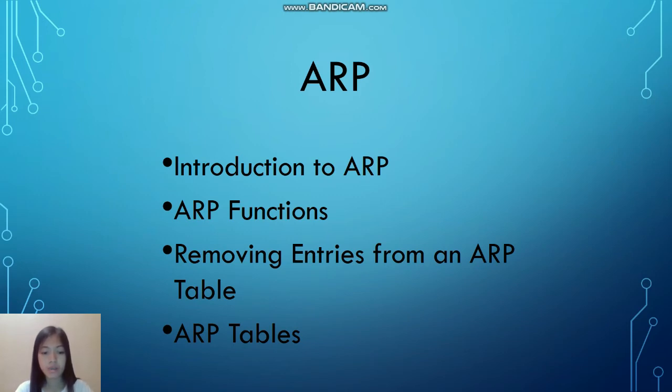When the packet is sent to the data link layer to be encapsulated into an Ethernet frame, the device refers to a table in its memory to find the MAC address that is mapped to the IPv4 address. Removing entries from an ARP table. For each device, an ARP cache timer removes ARP entries that have not been used for a specified period of time.